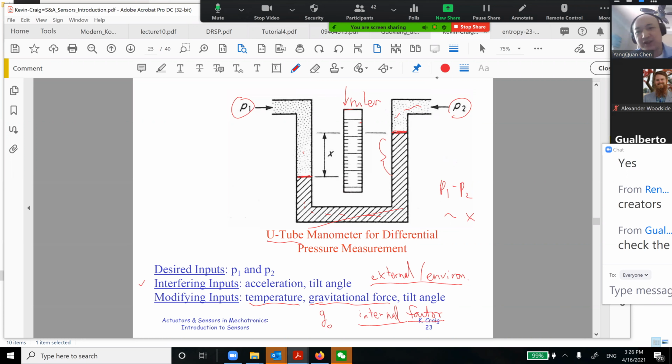So whenever you use a sensor, you really need to identify what are those inputs, okay? Otherwise, you'll be in trouble, all right?